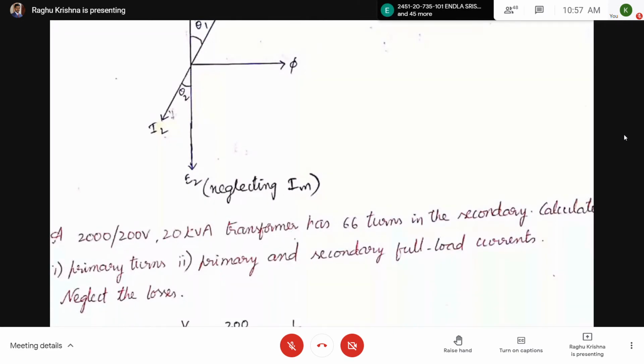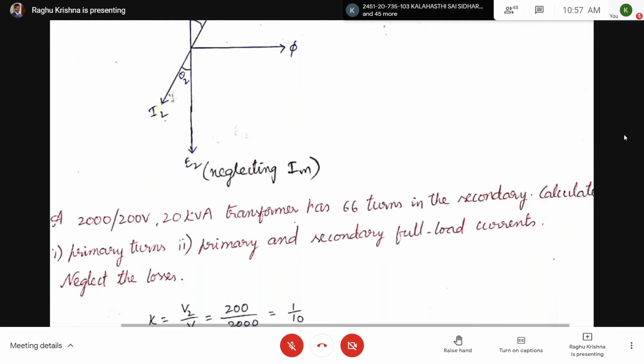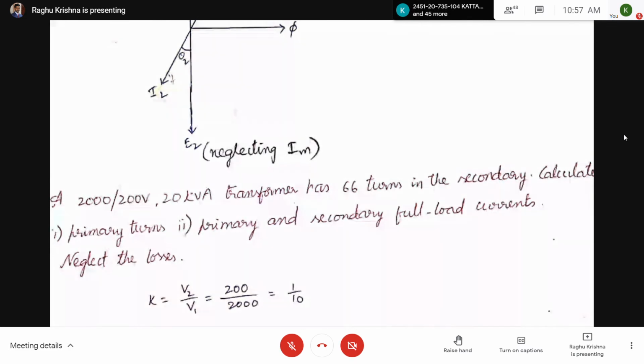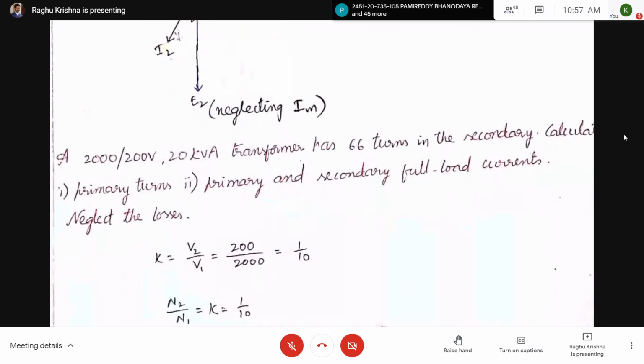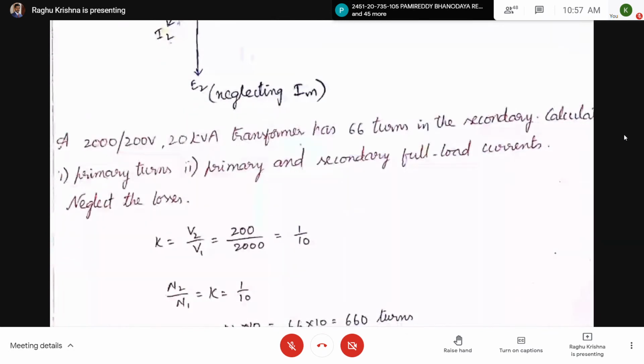Has anyone calculated? See here, first calculate K. K equal to V2 by V1, which is 1 by 10. So N2 by N1 is equal to K equal to 1 by 10.